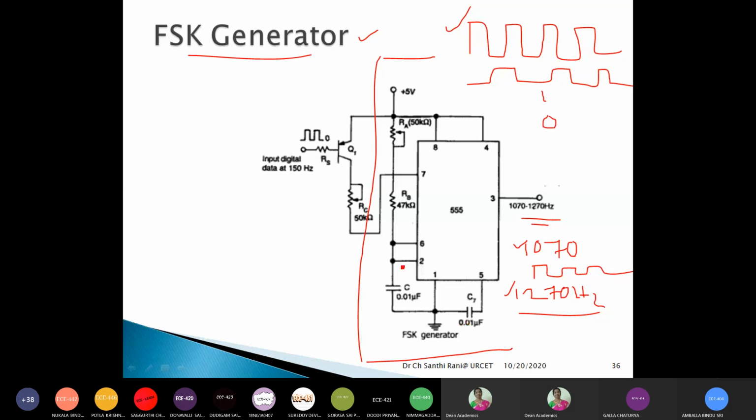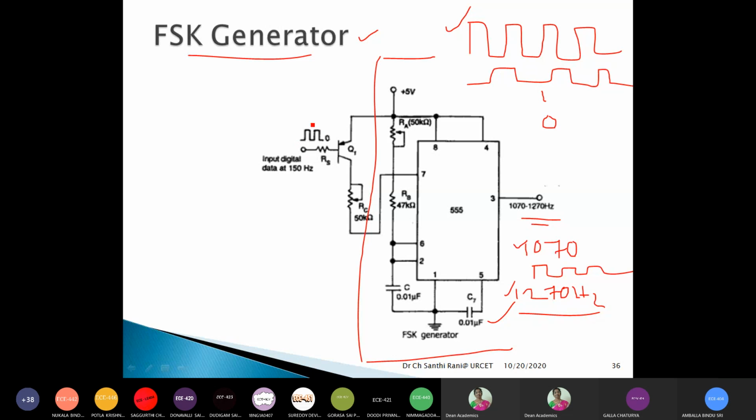The second pin and the sixth pin are both connected to the capacitor, therefore the voltage across the capacitor is applied to the sixth pin and also the second pin. Between pin 5 and 1, according to the manufacturer's recommendation, we connect a 0.01 microfarad capacitor. This is the output pin. The 4th and 8th pins are connected to ground. Except for this, all this is the astable multivibrator we have studied just now, right?